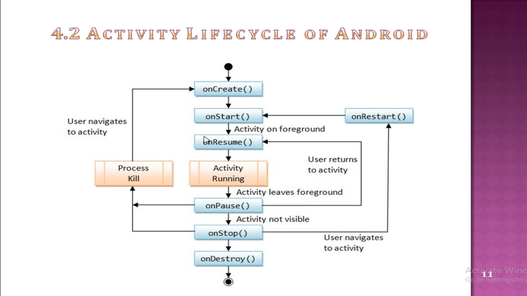So here the Activity base class defines a series of events via predefined methods, which are the onCreate method, onStart method, onResume method, onPause method, onStop method, onDestroy method and onRestart method. When the user navigates to the activity again, it will call the onRestart method and then the onStart method, right?